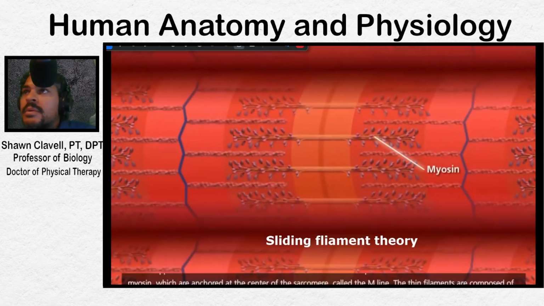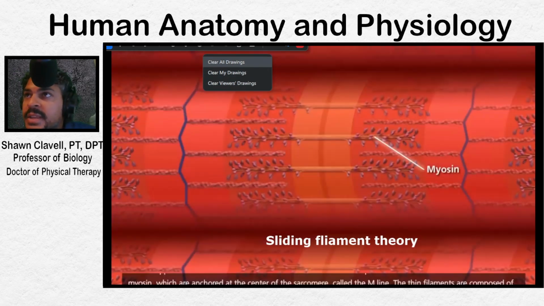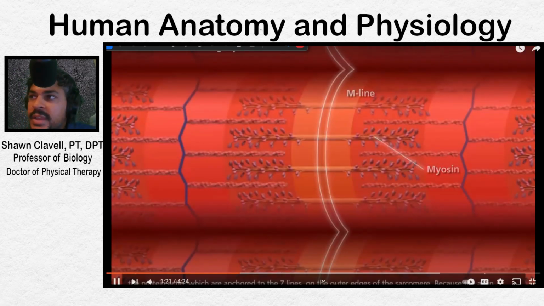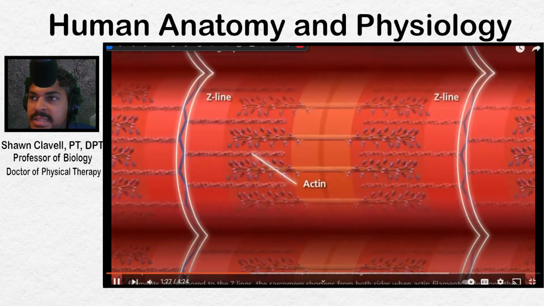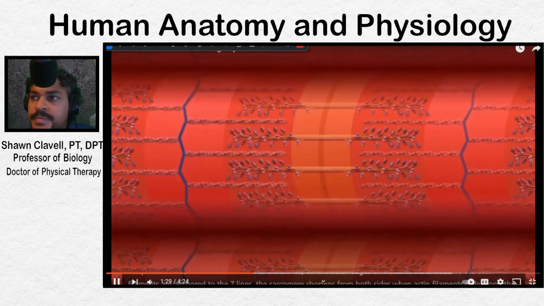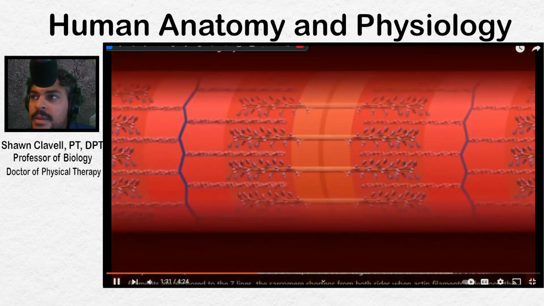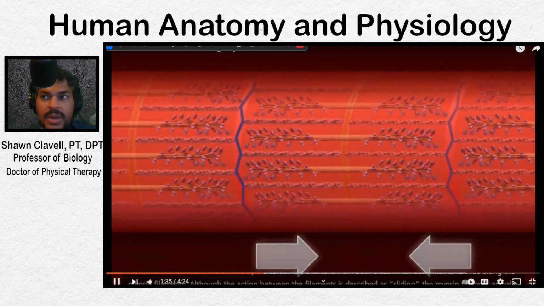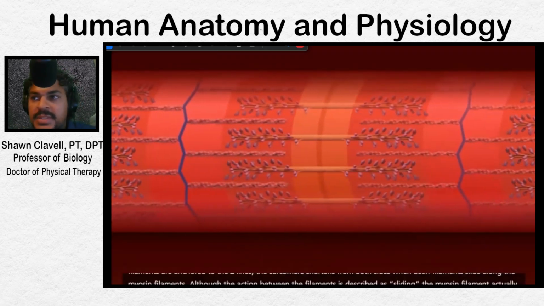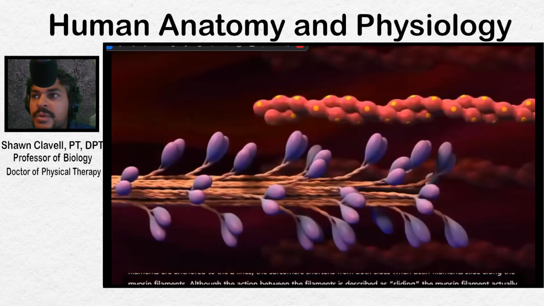The thick filament is myosin, anchored in the midline. The thin filament is actin, anchored at the Z lines on the periphery. That shortening process is the sliding of the myofilaments.